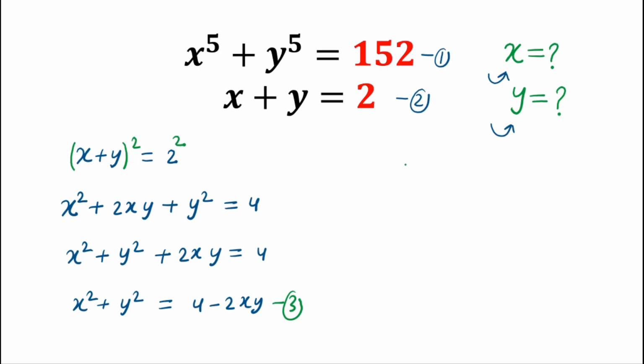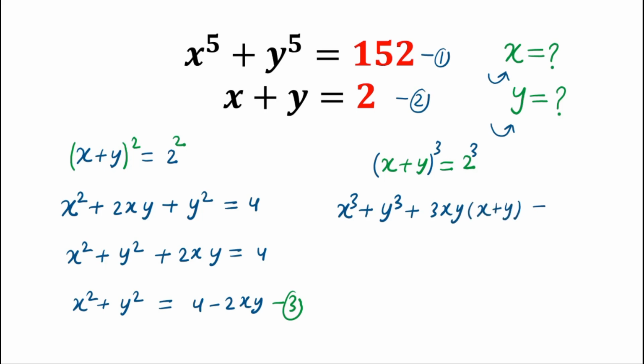Now equation number second is x plus y equals 2. If we take cube on both sides, the left hand side x plus y whole power 3 is the same as x cube plus y cube plus 3xy multiplied by x plus y, and this is equal to 2 power 3, which is 8.